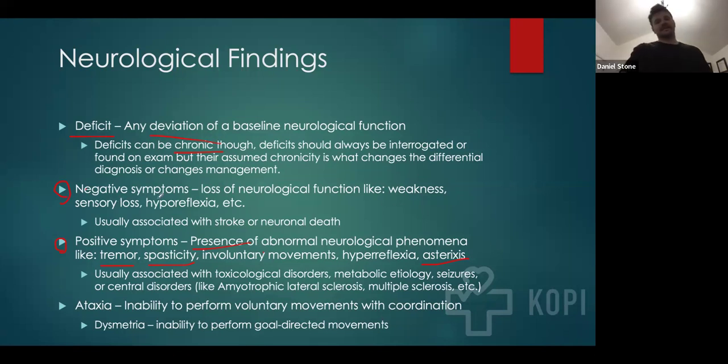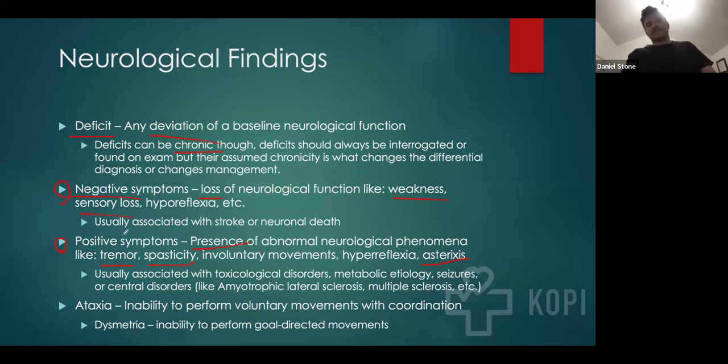Negative symptoms imply that there's a loss in neurological function. So this usually implies something like weakness, paresthesia, sensory loss, hyperreflexia, inattentiveness, things like that. Those are negative symptoms, and those are usually implied with some degree of stroke or central nervous system pathology, vascular pathology.